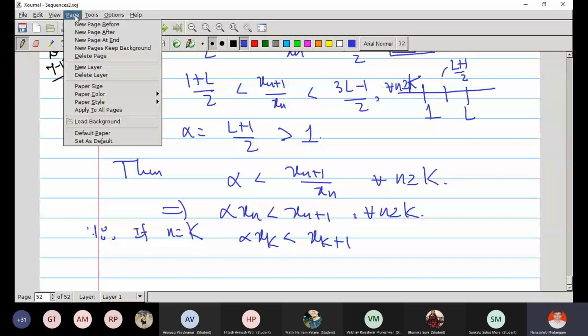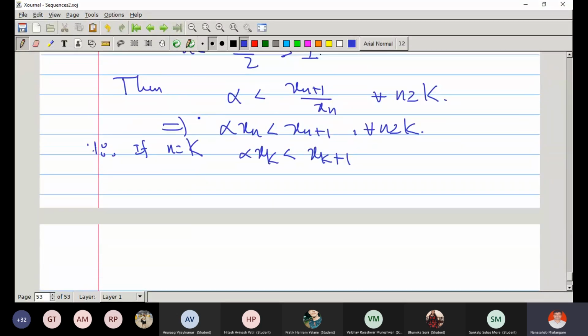Now I want to make this general, to check for every n greater than k. So if n is equal to k plus 1, what will happen? Alpha times xk plus 1 is less than xk plus 2, right? But we already know that xk plus 1 is greater than alpha times xk.